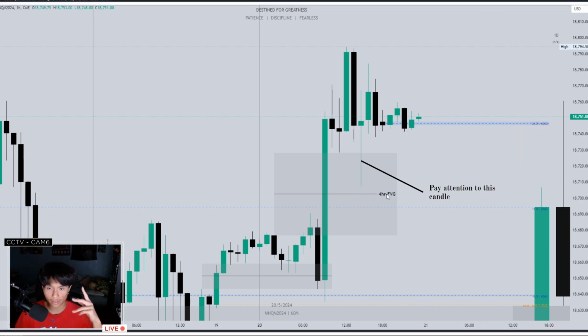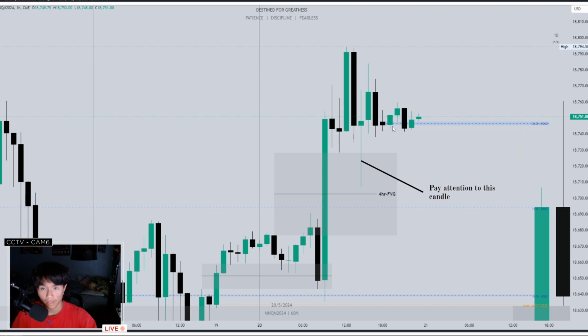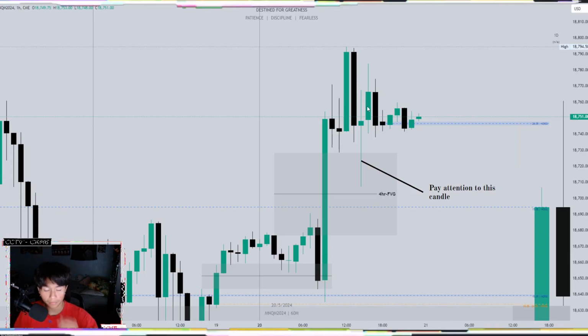So that's already two confluences in my mind. Once we recognize we just rebalanced a 4-hour fair value gap, and with how that hourly closed, we can anticipate the next hourly candle to take out the previous hourly candle high. So I'm anticipating this high to be run with this candle right here.